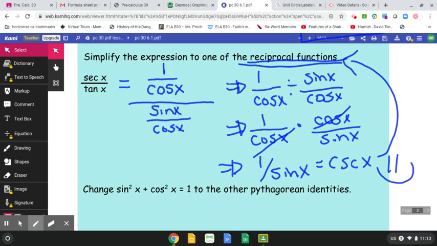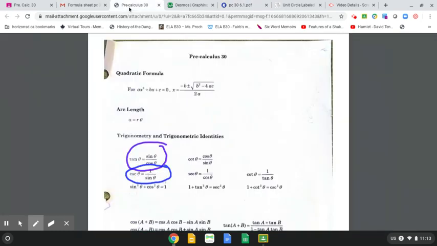So that's simplifying. That's always dealing with terms of cos and sine and then getting an answer from there. Now, the last identity that we haven't gone through yet are these ones right here, this bottom row. Okay, so there's 3 of them. They're called the Pythagorean identities, because they have those squares in there.